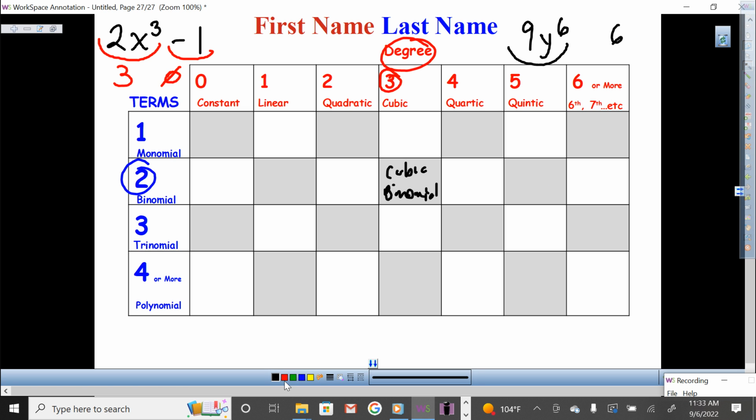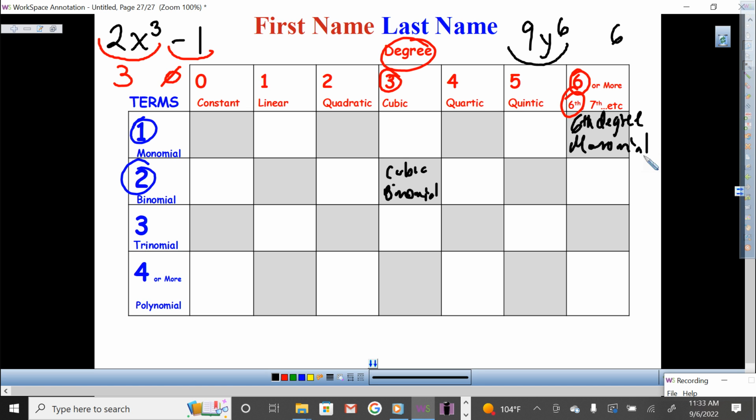Okay, so we know that it's 6th degree. How many terms? 1. So this is a what? Monomial. So the name of this one is 6th degree monomial. That's how you name them.